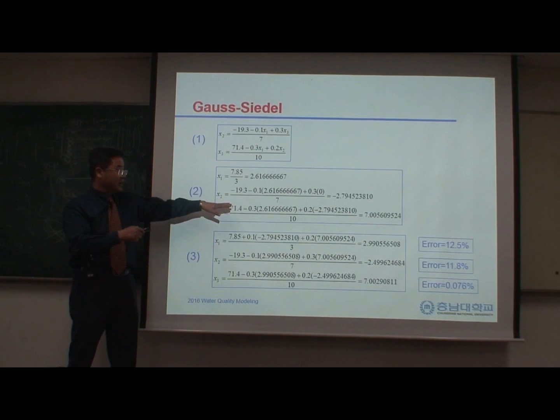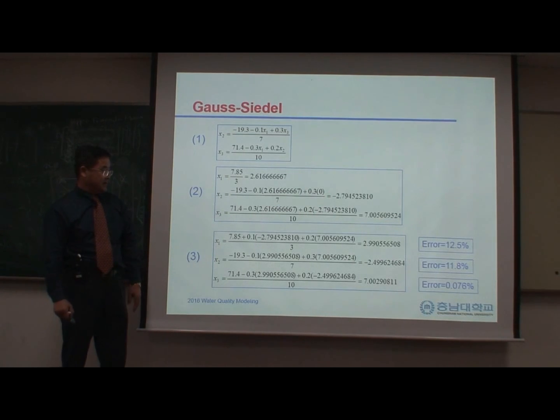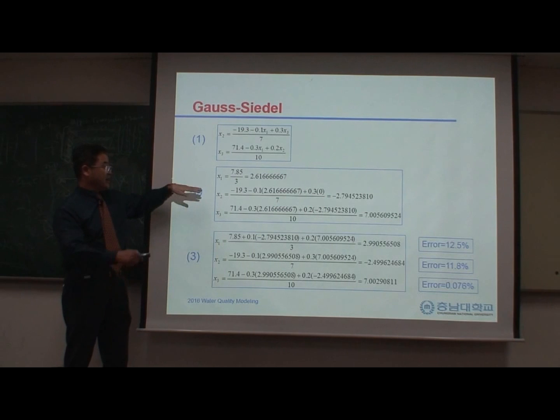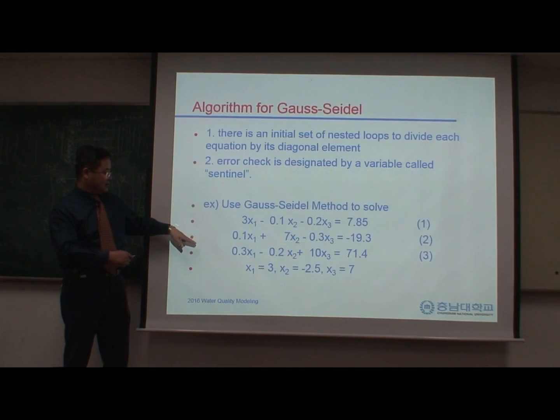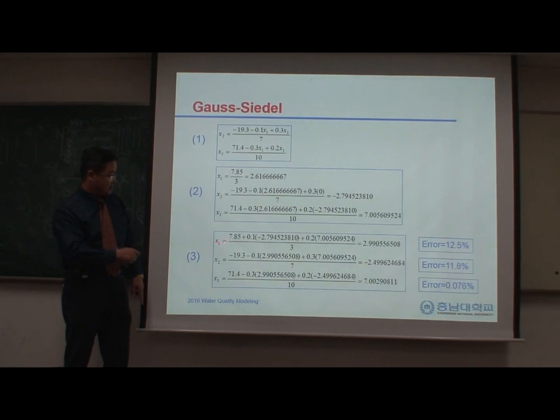At this time, I know x1 and x2. Ding, ding, and then I have 7. I will just do this one more time. Now I have x1, x2, x3. I use this relationship because I know x2, x3 now, and then calculate x1, which is 2.99, x2 minus 2.499, x3 7.00.